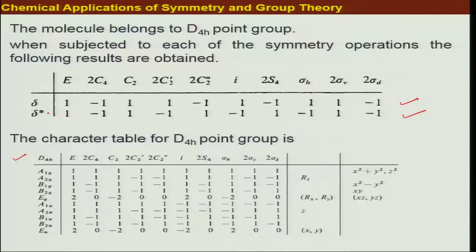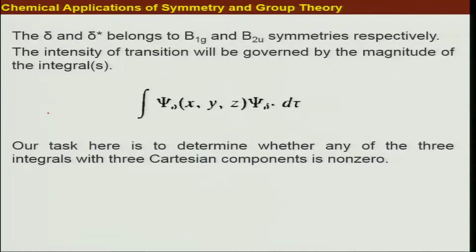That is given here. Delta belongs to B1g and delta star belongs to B2u symmetry. So, we have got the irreducible representations of the two orbitals which form the HOMO and LUMO.